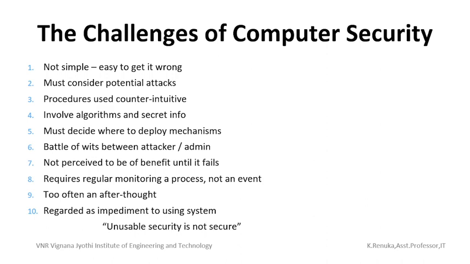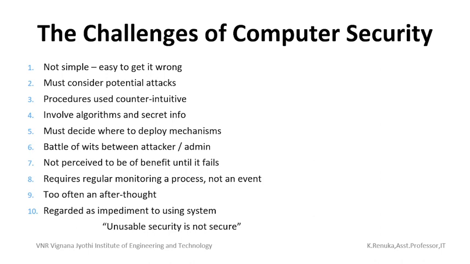Second, we must consider potential attacks. When we are connected to the network, many people may be monitoring us in order to hack our data or reveal our personal information on the network. Our system might be vulnerable to potential attacks, so we should take care of all those attacks. The procedures used are counter-initiative: if anything happens, what action needs to be taken?